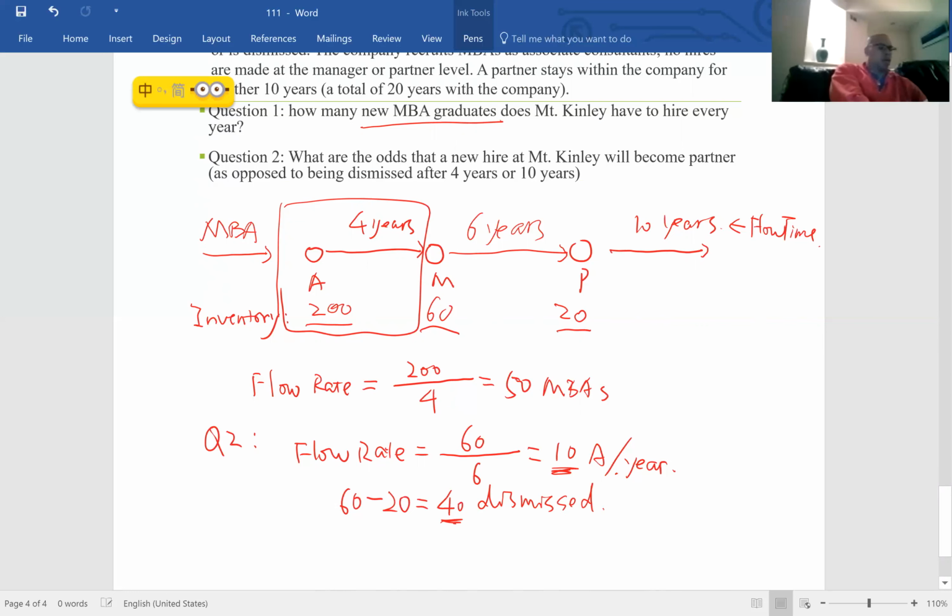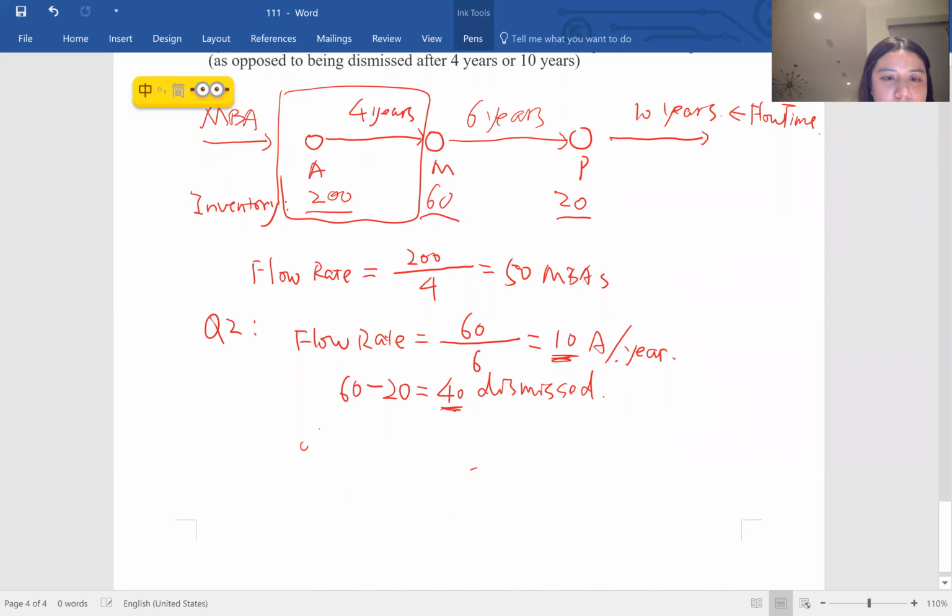So the odds for this level equal 10 divided by 10 plus 40, which is 0.2.